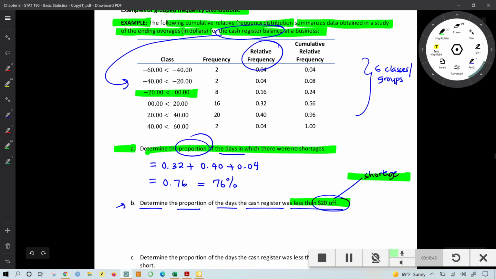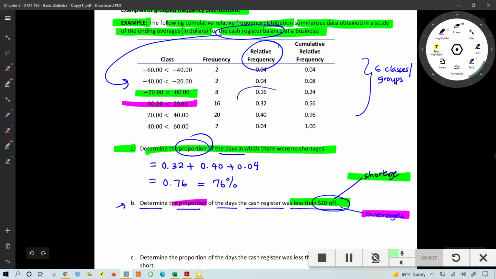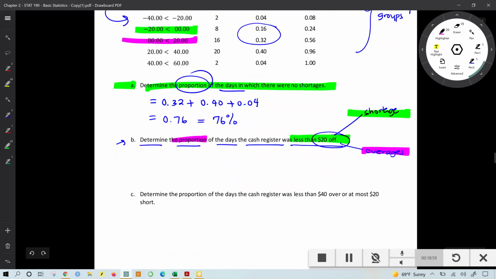For the overages, where it was in the positive, we can see that right here. So the proportion is the combined total of these two numbers, 0.16 plus 0.32, which is equal to 0.48 or 48%.